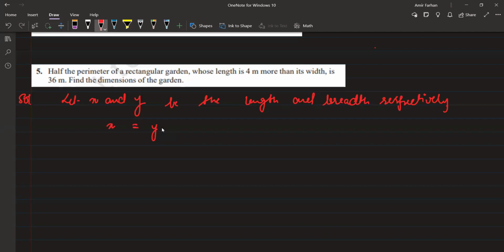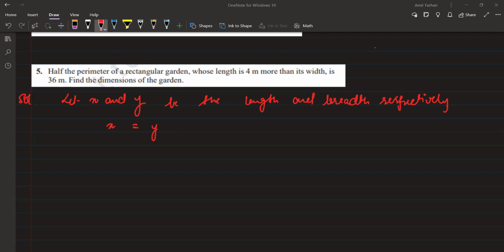X or Y? Y. Yes, Hiba. We add 4 to y since we are trying to find x. Basically, we are just adding the term.